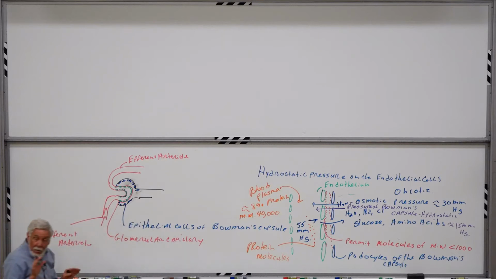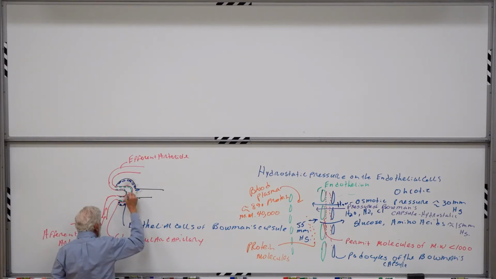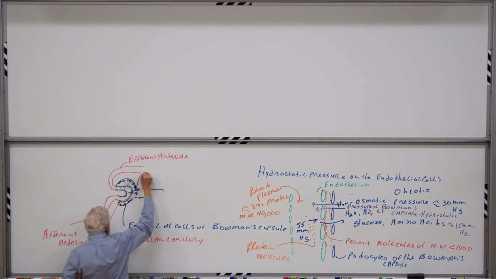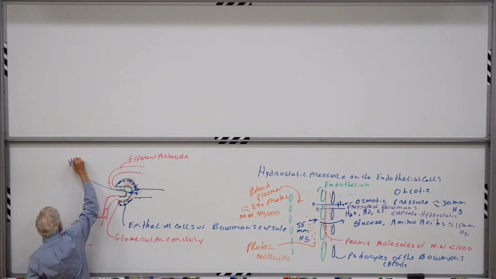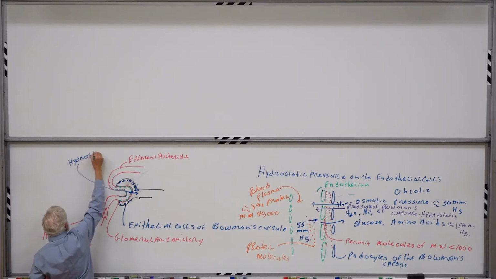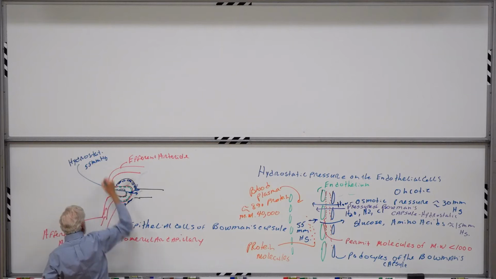So let's look at the net pressures. There is a net pressure outward based on the hydrostatic pressure here. This is hydrostatic, and it's about 55 millimeters of mercury.